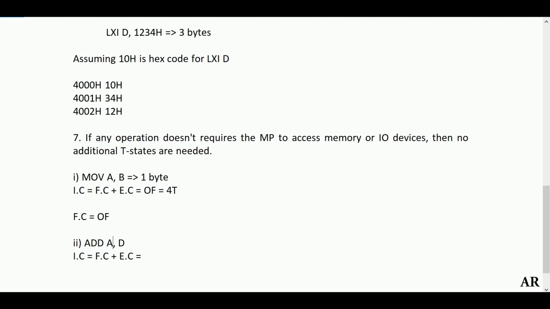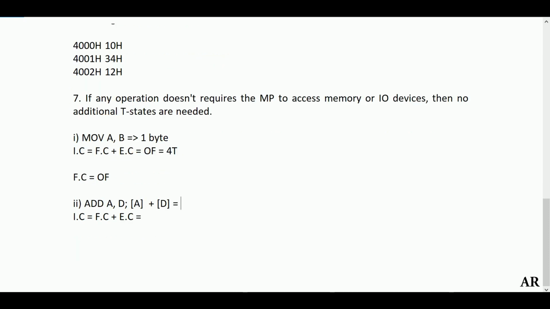Both D and A are registers in the microprocessor. The source operands are in the registers, and the destination operand is also a register. All these things are inside the microprocessor, so it need not go out to access memory or IO devices. So no additional T states are needed for execution either. Again this will take 4 T states.